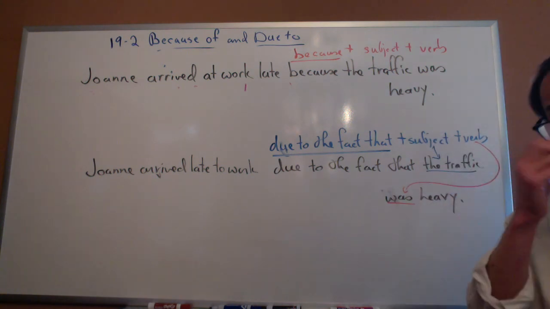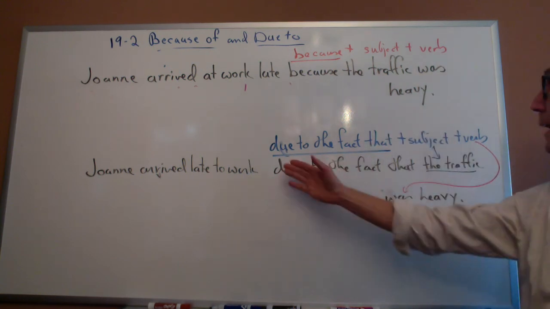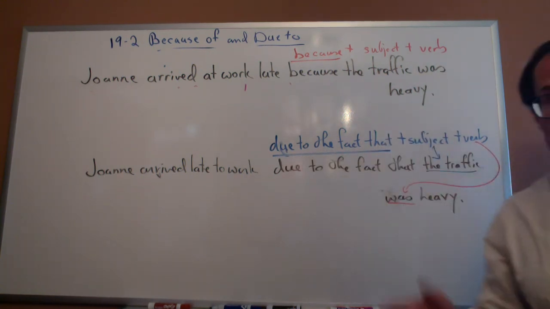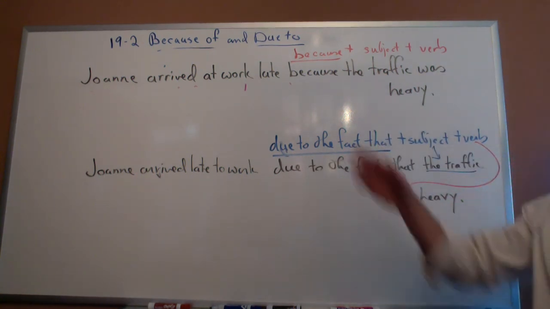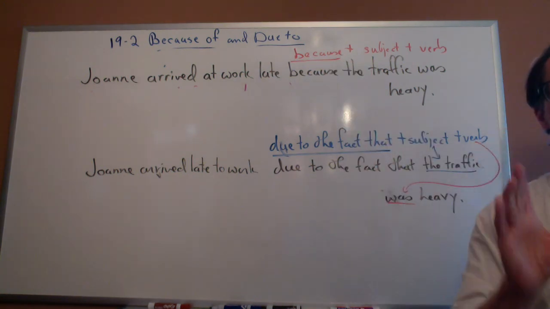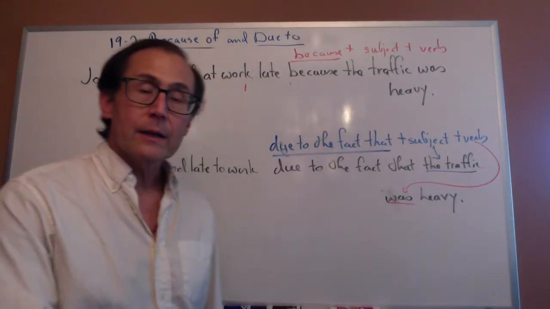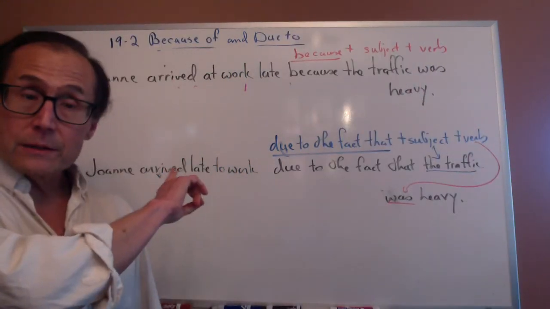In fact, you might notice I use because plus subject plus verb. I can say due to the fact that plus subject and verb. And if you say that to an American, it will mean the same in the American's mind. Okay? So, your book tells you that.